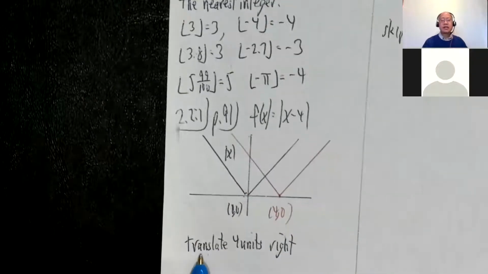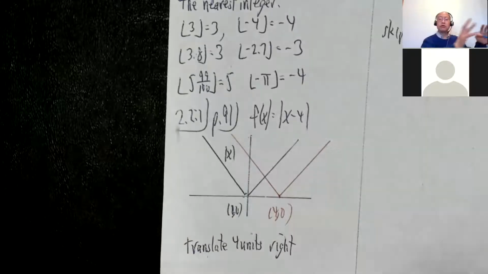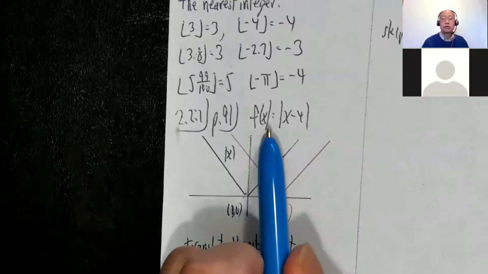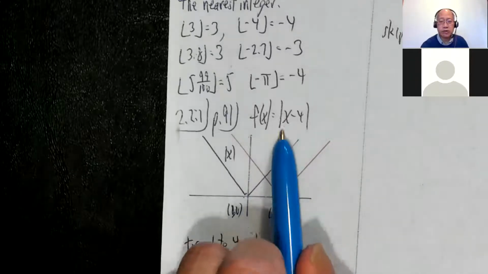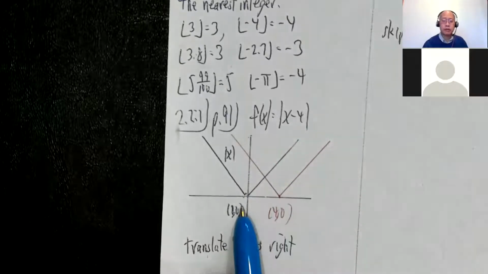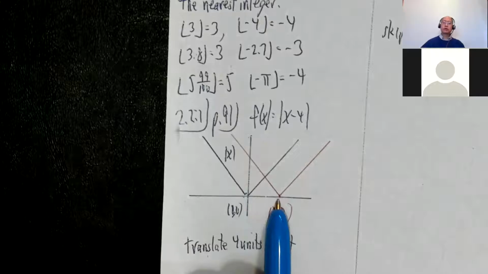Translate. Again, the English word translate in mathematics means to move. Okay, of course, we have the other meaning of translate, like translate a language, but there's also a dictionary definition of translate, which means to move it left, right, up, down, forward, or backward, or whatever. So if I change x to x minus 4, that translates 4 to the right. So 0, 0 becomes 4, 0.